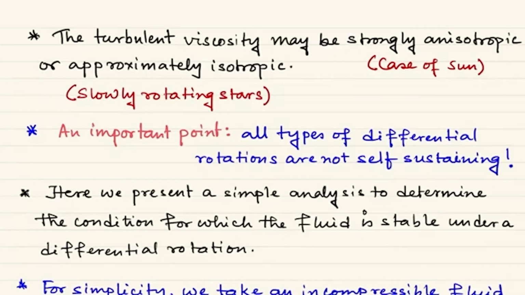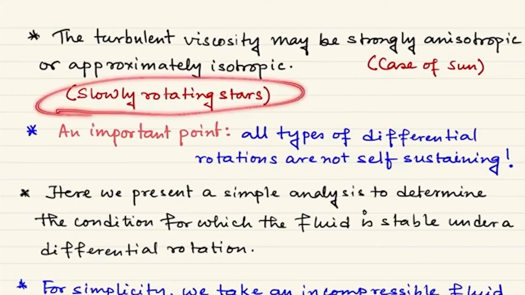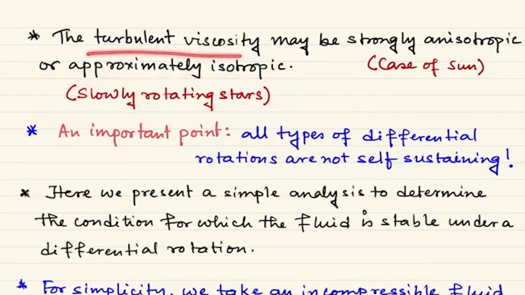Okay, so this was the case where you can clearly see differential rotation. That is not the case for the slowly rotating stars, where the turbulent viscosity is approximately isotropic.